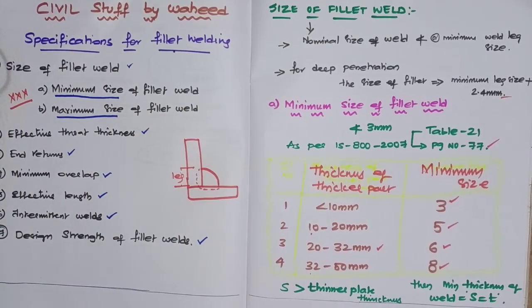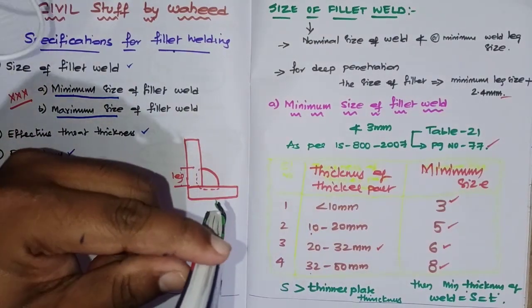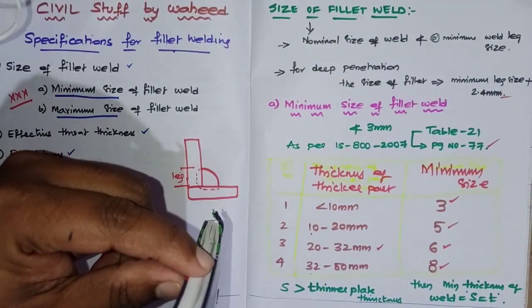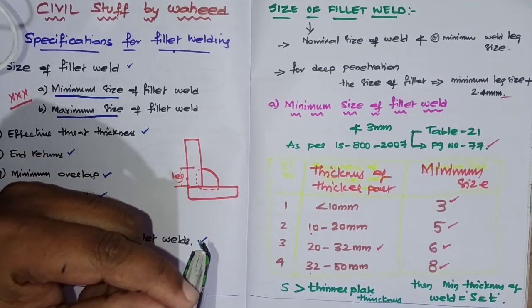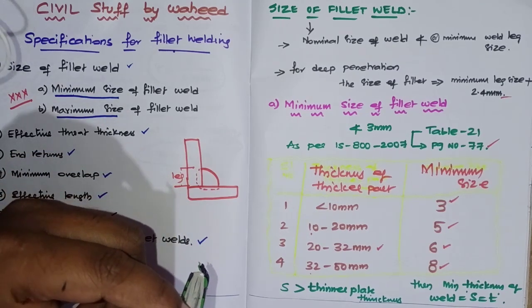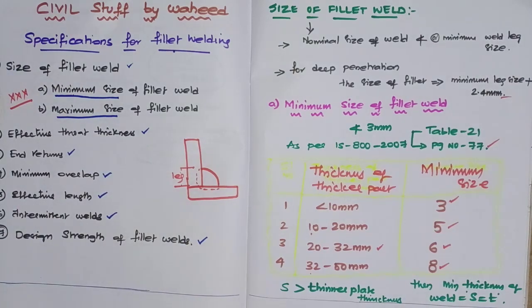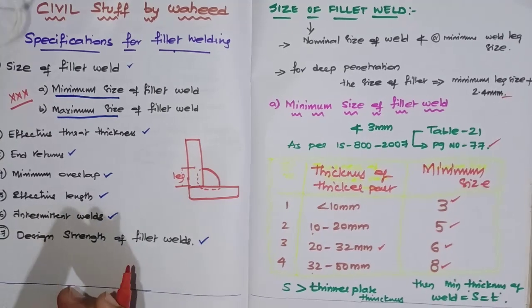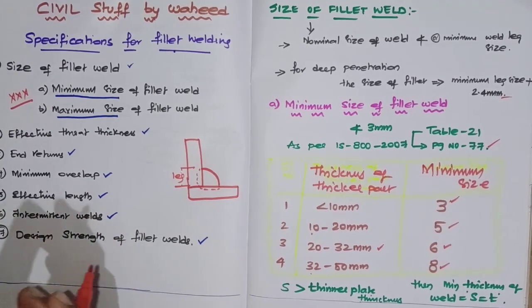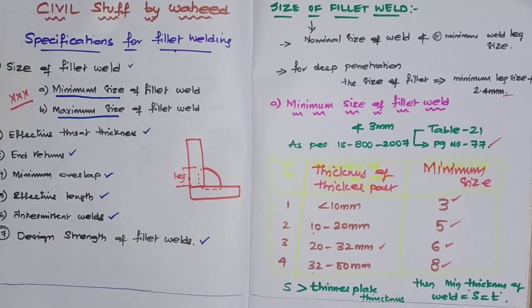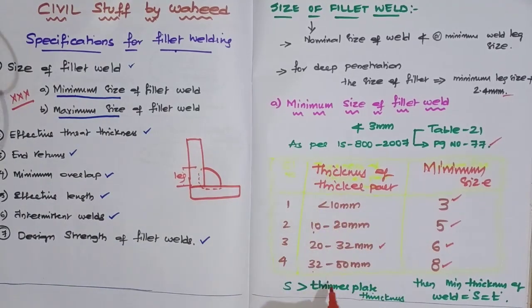That is, suppose the thickness T is 12 mm, and your size of the weld S comes out greater than 13. Then the size of the weld you are supposed to keep is 12 mm. For example, I am not clear about that one, but here you can take it like that.